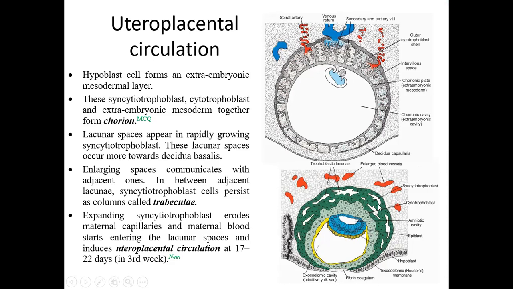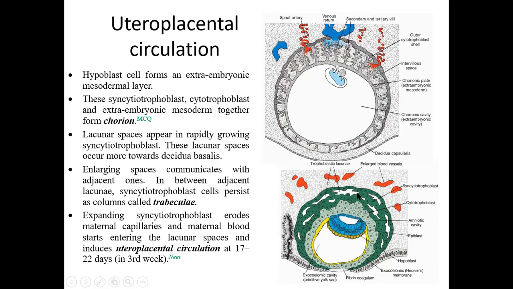Okay. Then the lacunar stage will appear. The lacunar spaces will start appearing in the syncytiotrophoblast, which we have already seen in the second week of intrauterine life. These lacunar spaces are more towards the decidua basalis initially.